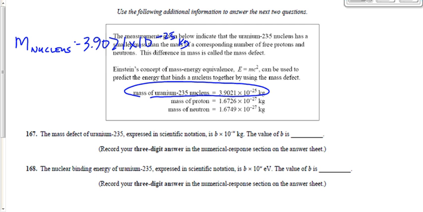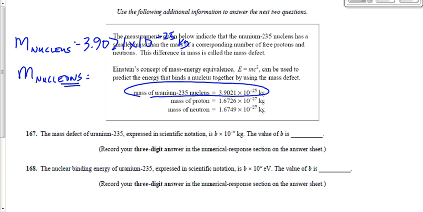Now, I suspect what some of you did when you found the mass of the nucleons is added the mass of a proton and the mass of a neutron and got a number that was completely different than the mass of the nucleus. That wasn't bigger than the mass of the nucleus. How many people did that? How many people added the mass of a proton and neutron? What do you got to do? How many protons do we have?